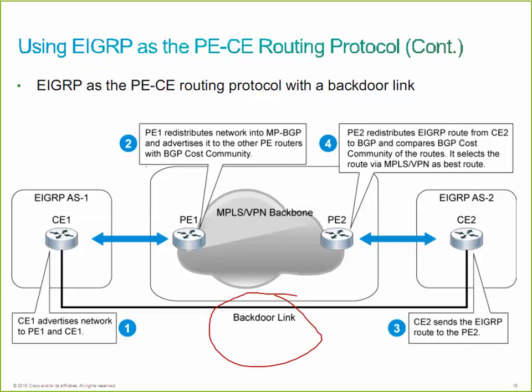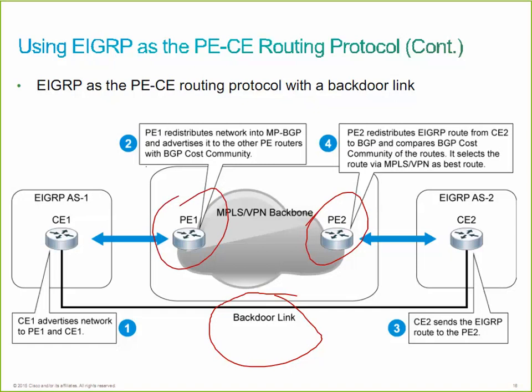By default, when the PE router redistributes the EIGRP path into BGP, that BGP cost community attribute gets populated with whatever EIGRP metric exists on that particular prefix.